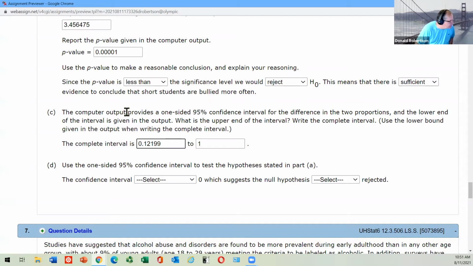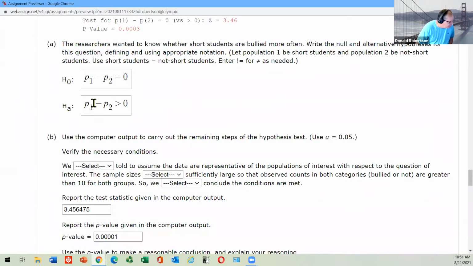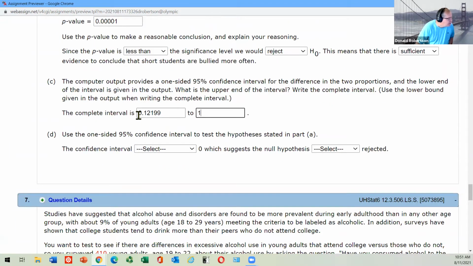But in these ones, a one-sided, you've got the number that would vary, but the other side's just 1. What that is telling us is that the difference between the proportions is somewhere between that or bigger. Right, we're 95% sure it's that number or something even bigger than that number. So that's what the 1 is about, right? I mean, the difference could be total, you know, everything.